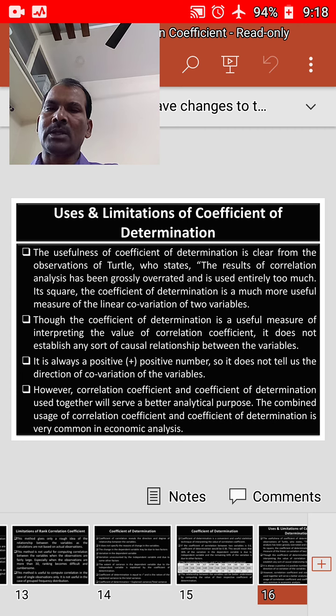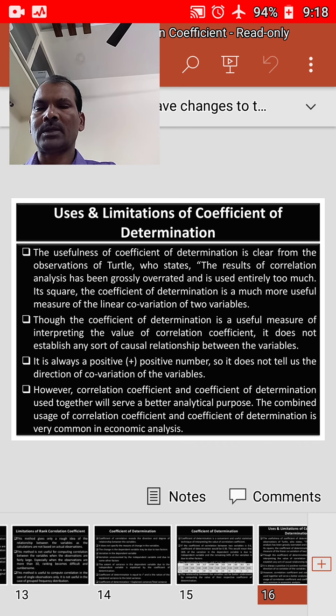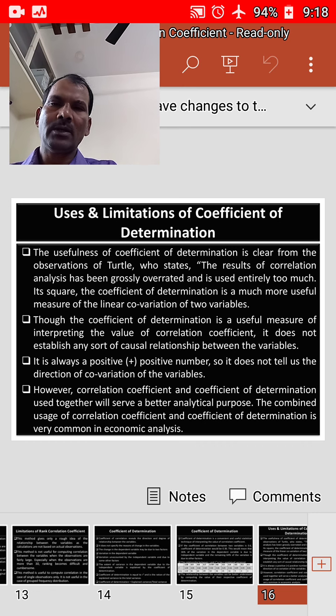Though these are considered as uses, and though the coefficient of determination is a useful measure of interpreting the values of correlation coefficient, it does not establish any sort of causal relationship between the variables. This has to be determined on the basis of evidence other than the quantitative observations.